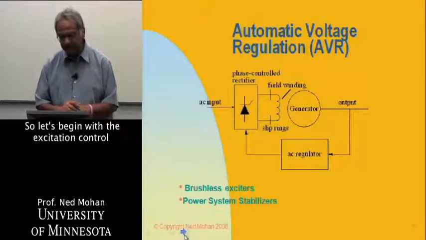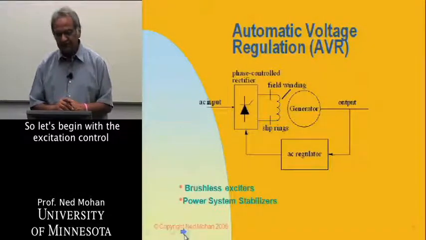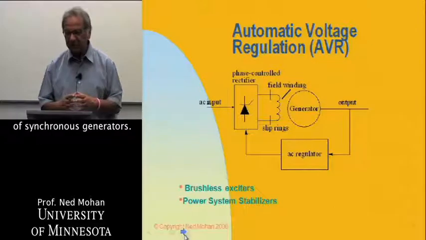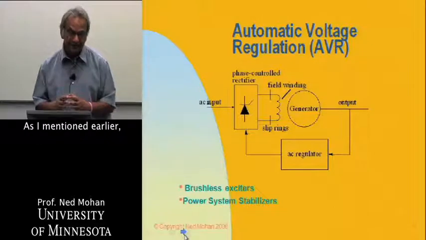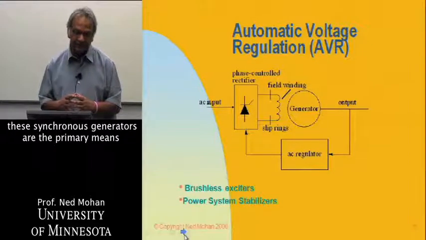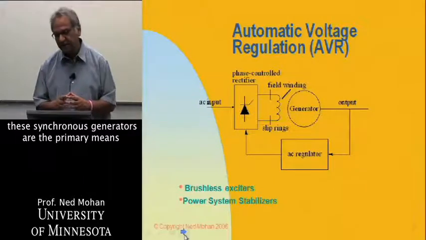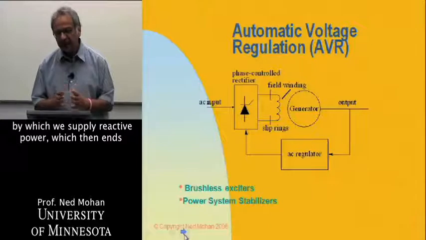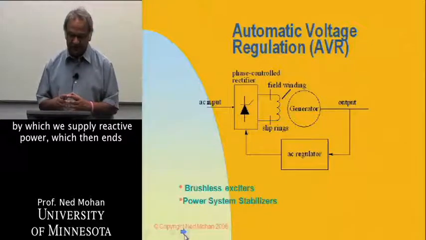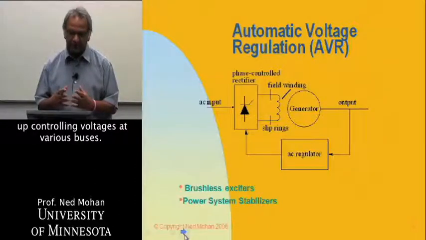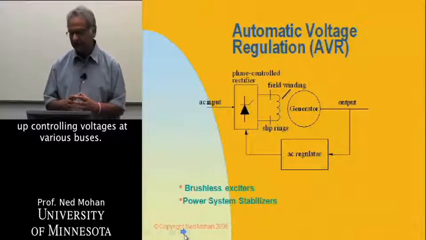All right, so let's begin with the excitation control of synchronous generators. As I mentioned earlier, these synchronous generators are the primary means by which we supply reactive power, which then ends up controlling voltages at various buses.